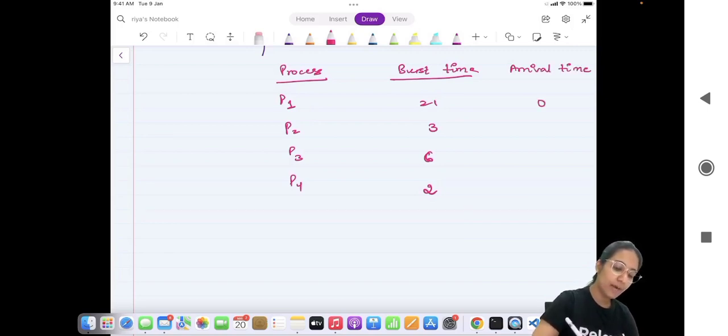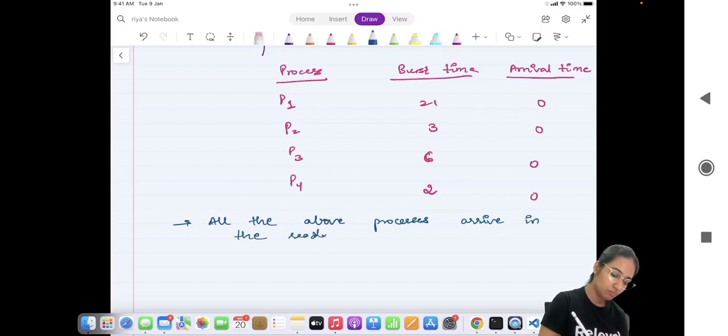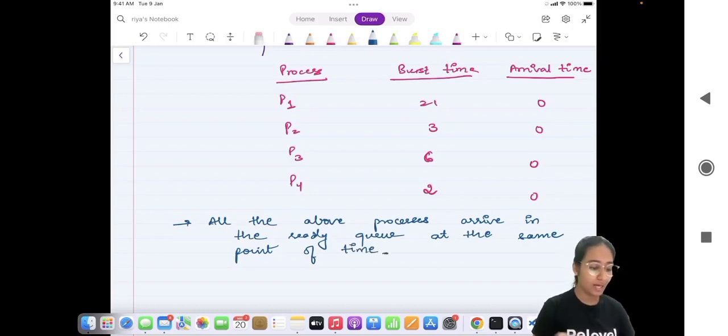That means all of them arrive in the ready queue at the same point of time. Now, you have multiple processes in the ready queue.